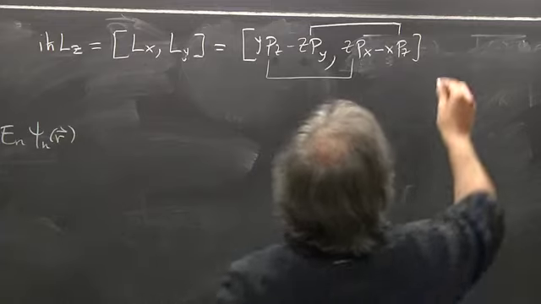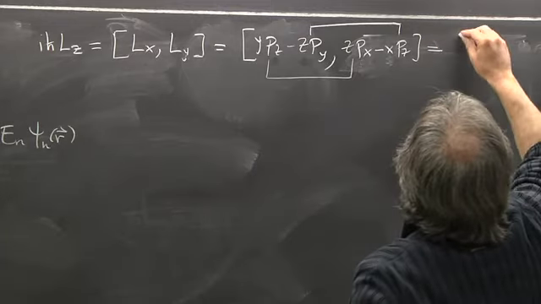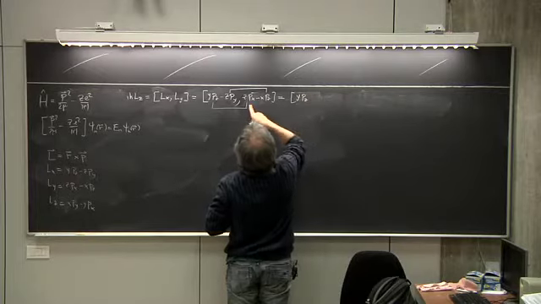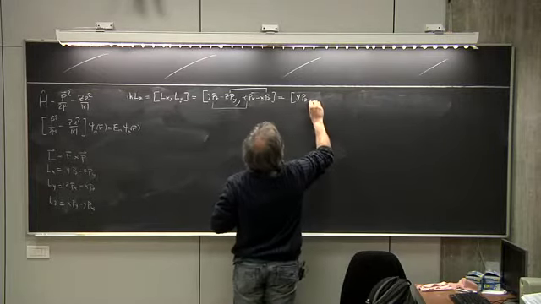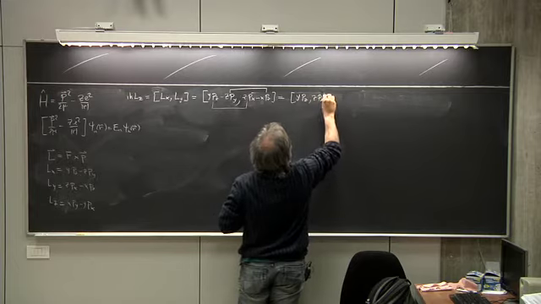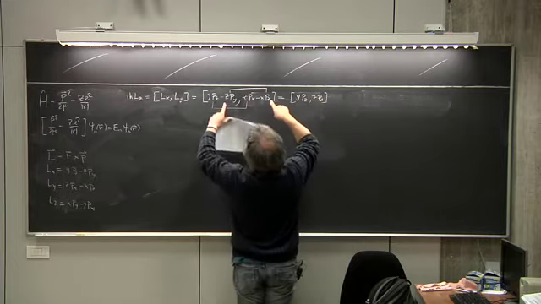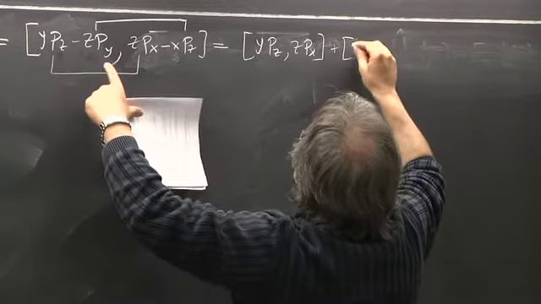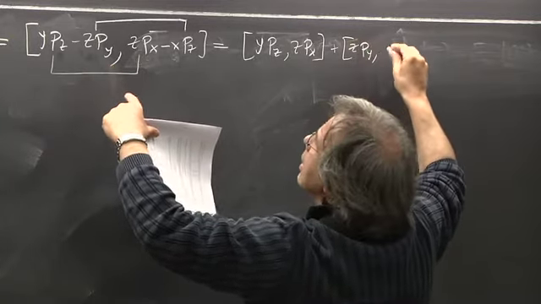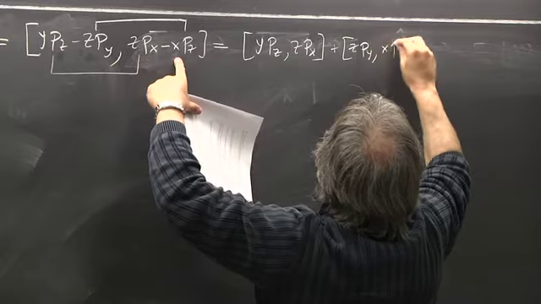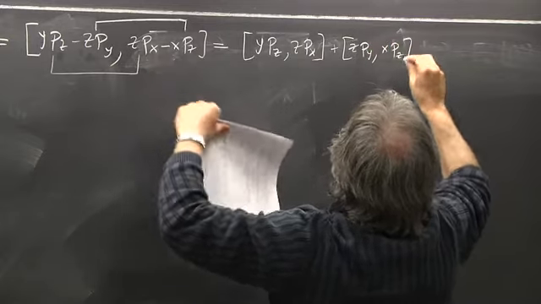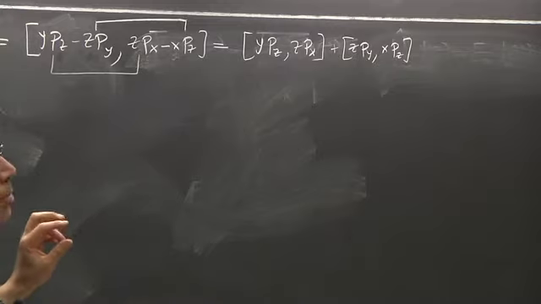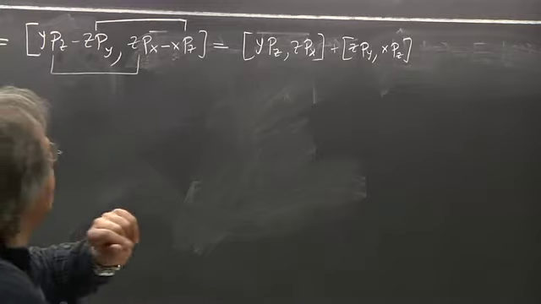So let me just spell out the two commutators that you need. One is y pz commutator with z px, and the other is minus, and minus is a plus, z py commutator with x pz.